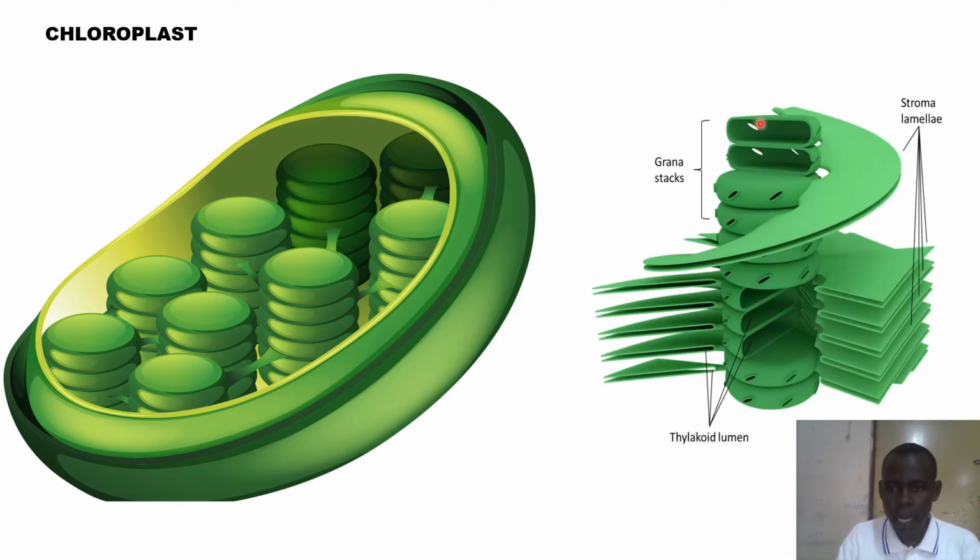Inside we have the thylakoid lumen. The whole process of the light-dependent stage of photosynthesis occurs on these membranes, as we are about to discuss together. So I'll be referring to this diagram in our discussions.